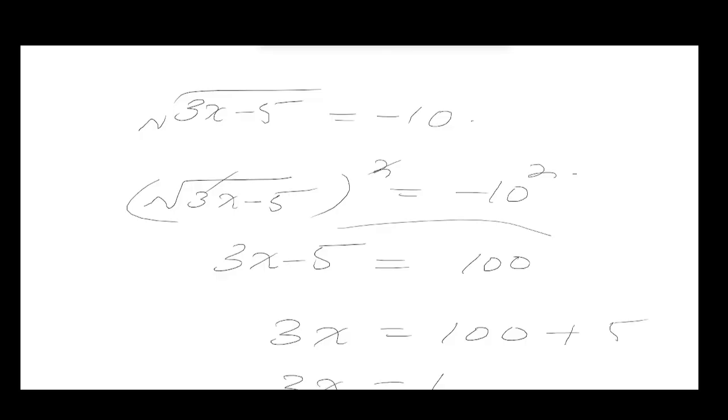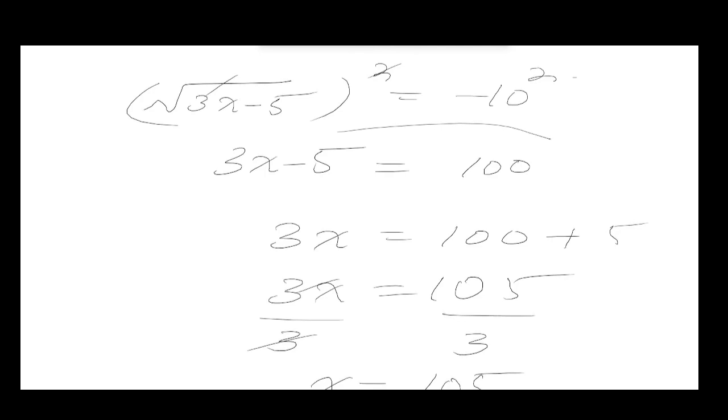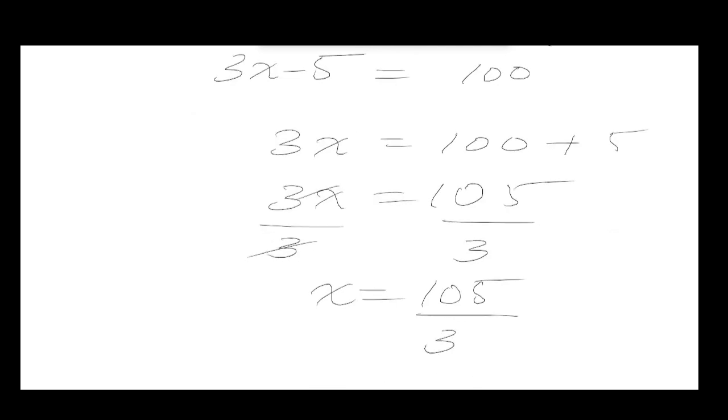So 3x is equal to 105. And now what can we do? We are just going to write x is equal to 105 divided by 3. So this will be our answer. X is equal to 105 divided by 3, and obviously you can simplify it much further by using the calculator and dividing them.